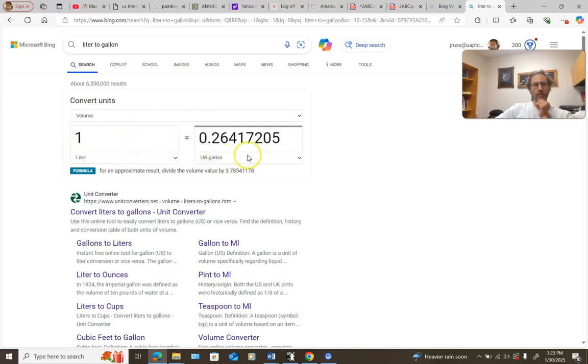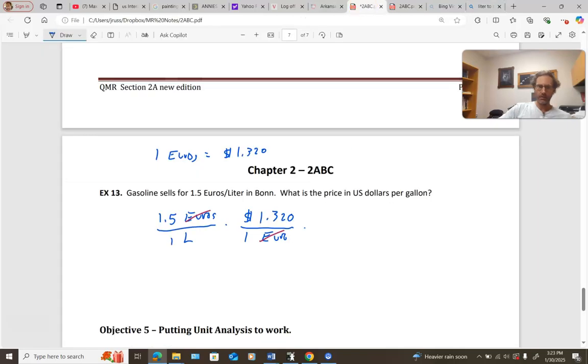This says that 1 liter is equal to, I'll carry this out to maybe 3 decimal places, 0.264 gallons. So that's my last conversion factor. Now, I need to orient it such that my liters cancel. And notice my liter unit over here is already in the denominator.